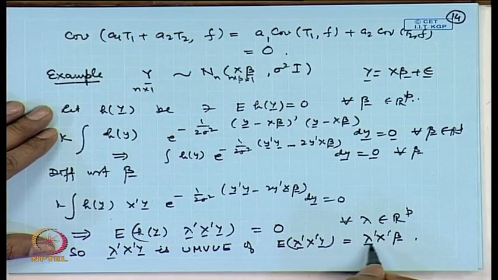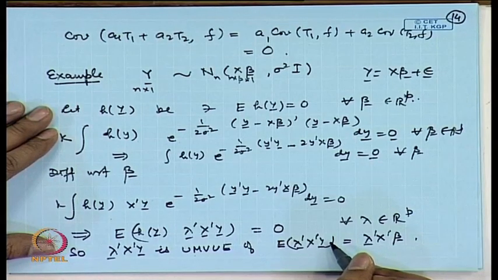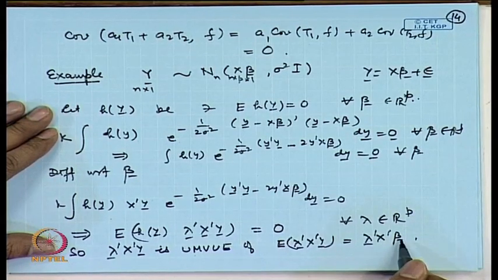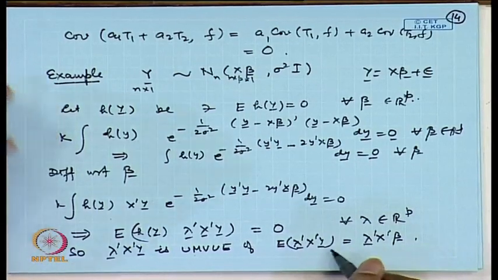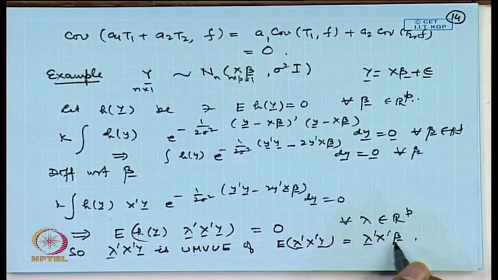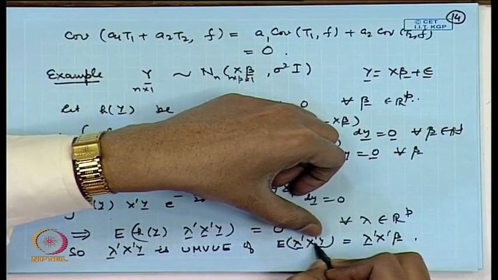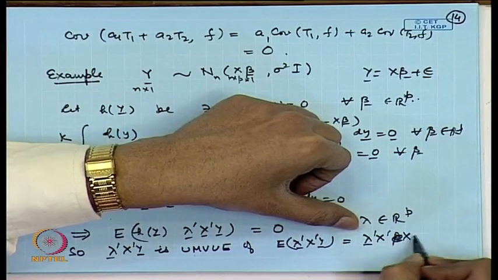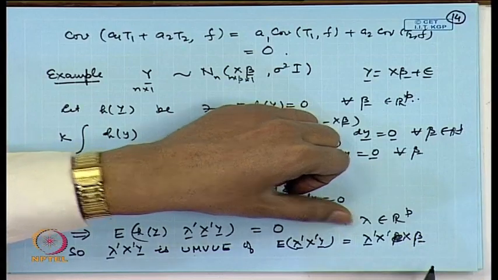In the Gauss-Markov theory of linear models, we had proved that lambda prime X prime y is the best linear unbiased estimator of lambda prime X prime beta. Here we are proving that it is not only best linear unbiased, it is actually best unbiased, that is, it is the UMVUE for this. Although I have made a small mistake here, it is lambda prime X beta here. So for this it is becoming the best unbiased estimator.